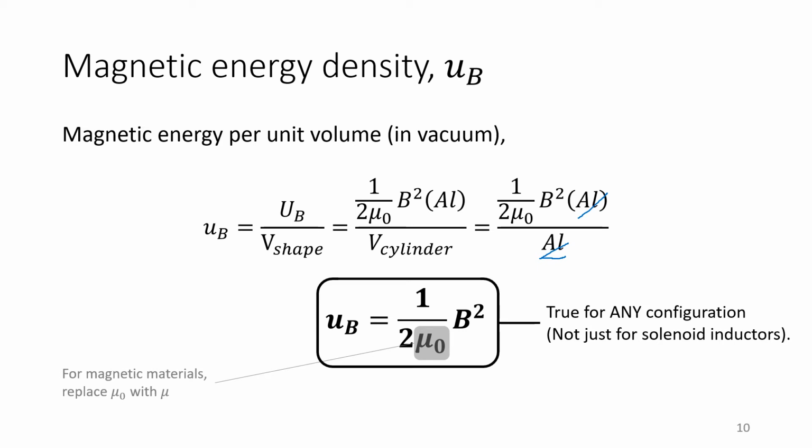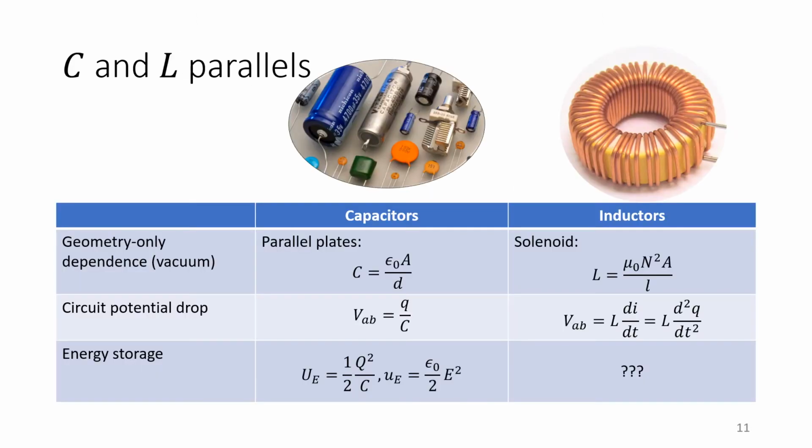Going back to the electric energy density of capacitors, we begin to see its striking resemblance to small u sub B. Our parallelism of inductors to capacitors now becomes more obvious. With our newfound knowledge of magnetic energy, we can now complete the comparison table for capacitors and inductors. The similarities of these circuit elements will play a role in the next section, the inductor-capacitor circuit.